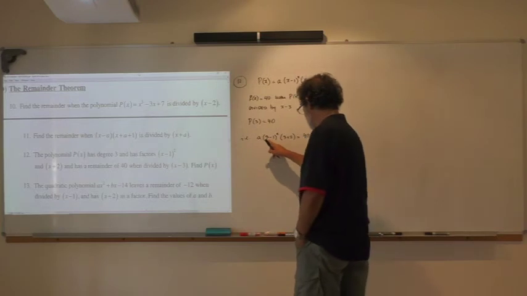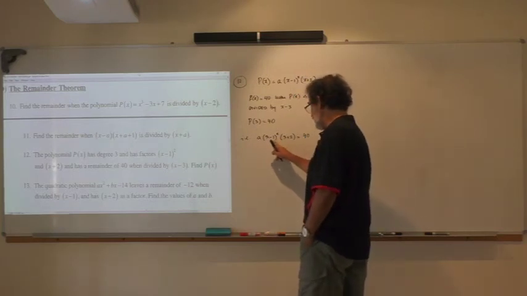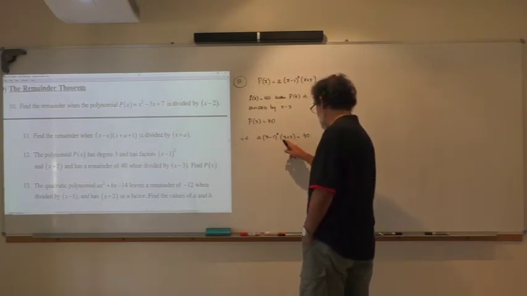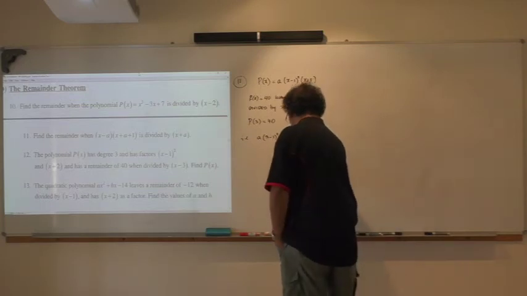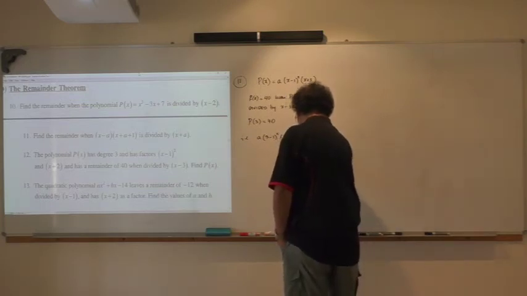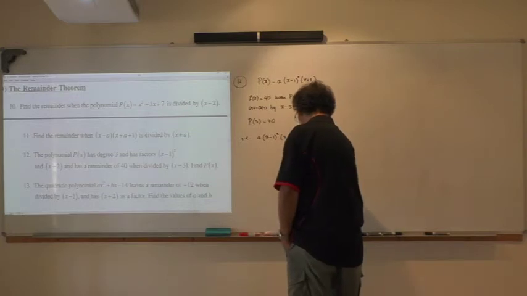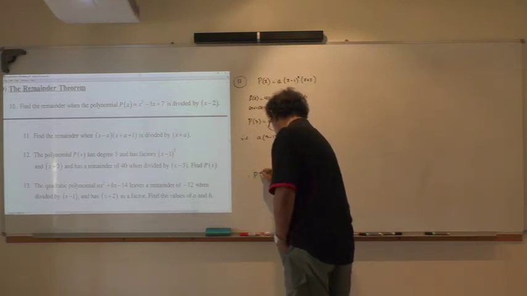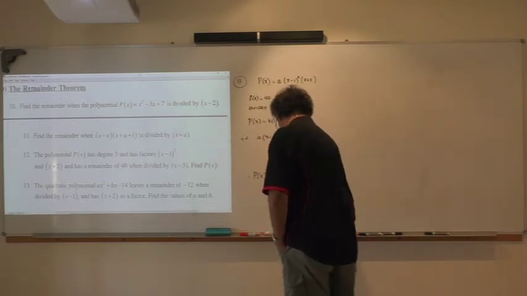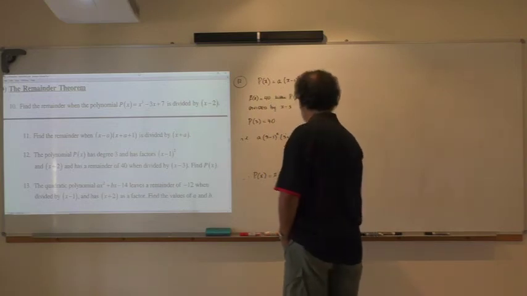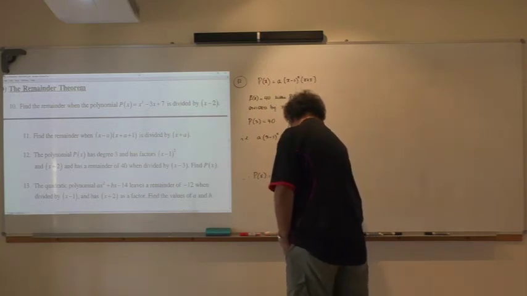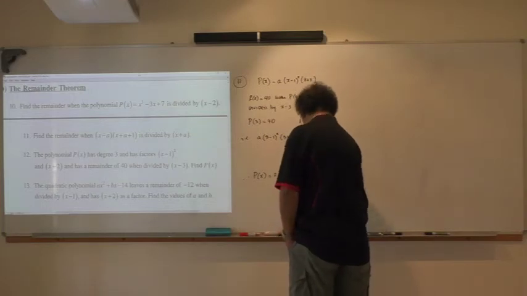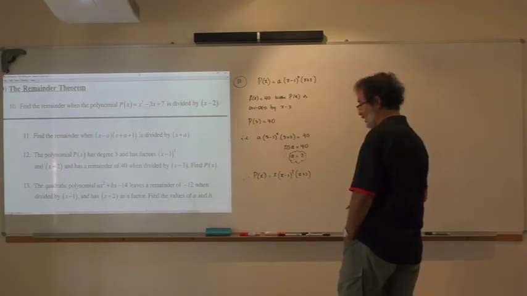From here, 3 minus 1 is 2, 2 squared is 4, and then 4 times 5 is 20. So 20a is equal to 40, therefore a is equal to 2. That's really good, because then we can see that our polynomial is equal to 2 times (x minus 1) squared multiplied by (x plus 2). That's all we need to do for that question.